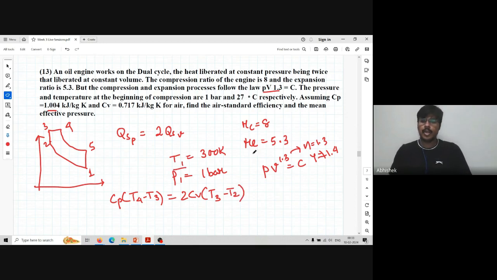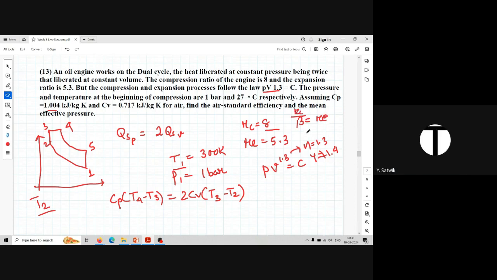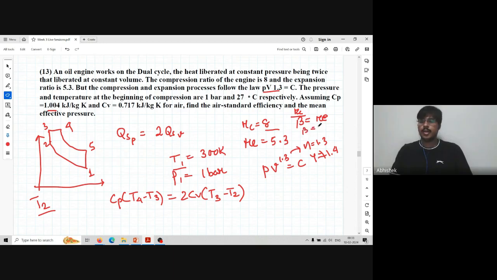We have T1, we have 8. So we can calculate T2. Okay. So T2 can be calculated from here. Then we have RC and RE. Can we calculate beta? RC by beta is equal to RE, I've told the formula. So beta can be calculated as RC by RE.